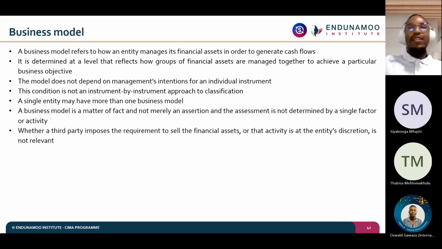The bank should sell these financial assets to a debt collection agency to settle the loan that it owes me. And the court grants this order. The fact that the court has granted the order for this group of financial assets to be sold does not change the business model at all. The business model still remains that the entity was holding these financial assets for purposes of collecting the contractual cash flows.